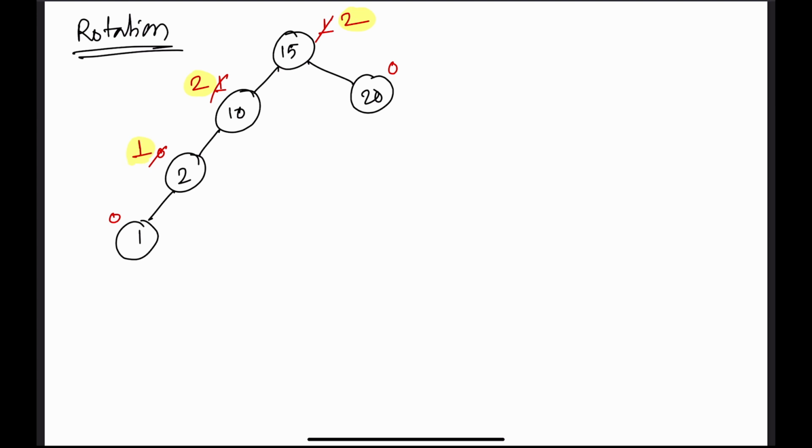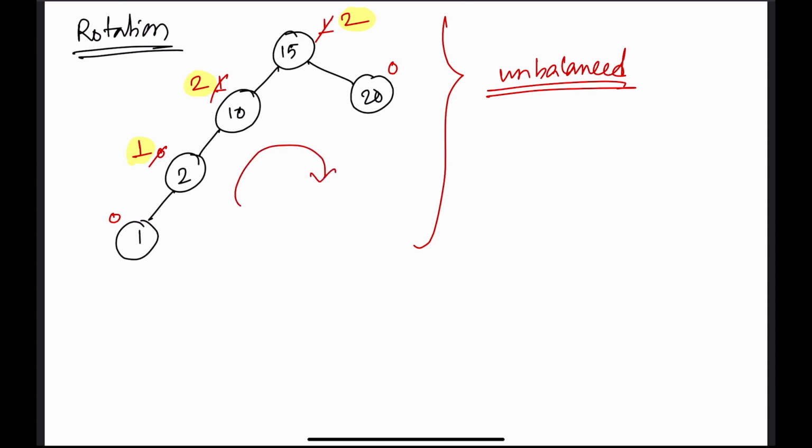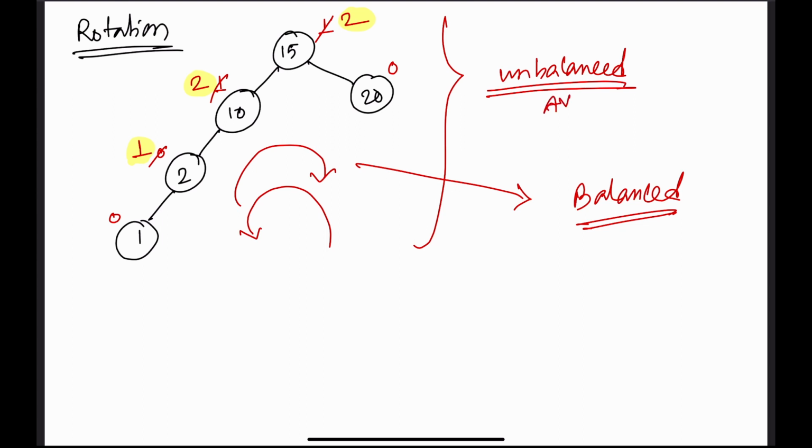So obviously the tree has become unbalanced. We need to rotate the tree in such a way, in either this direction or this direction, that it is converted into a balanced binary search tree, or AVL tree. It's an unbalanced tree right now and we have to make it balanced.